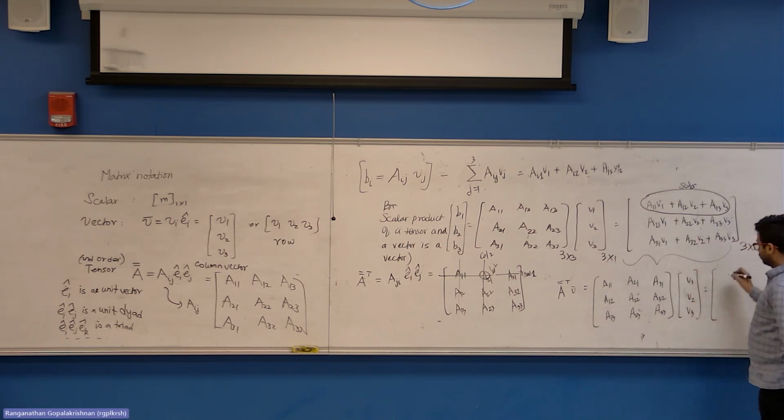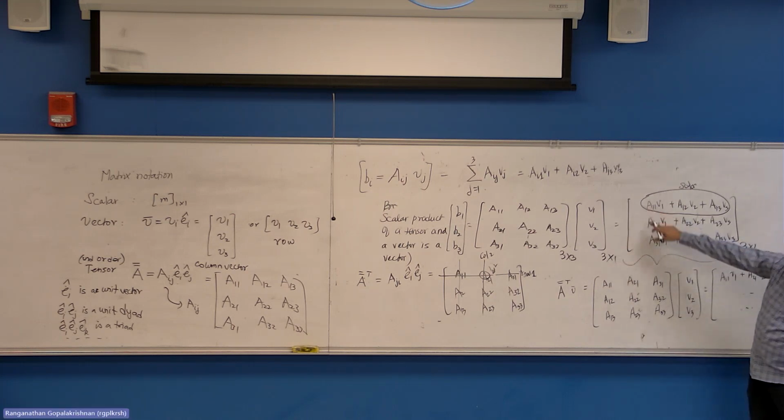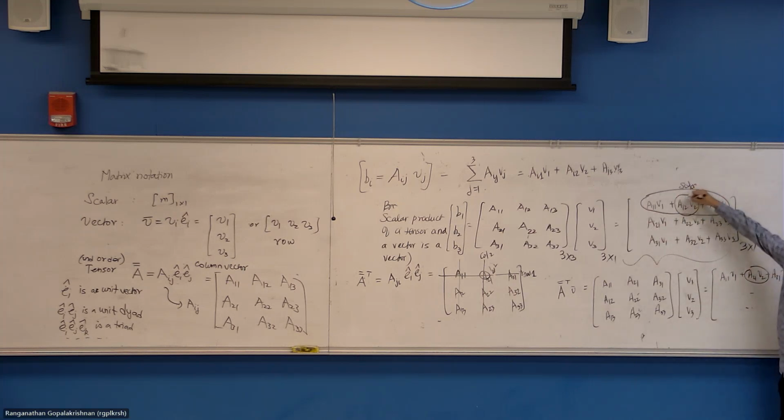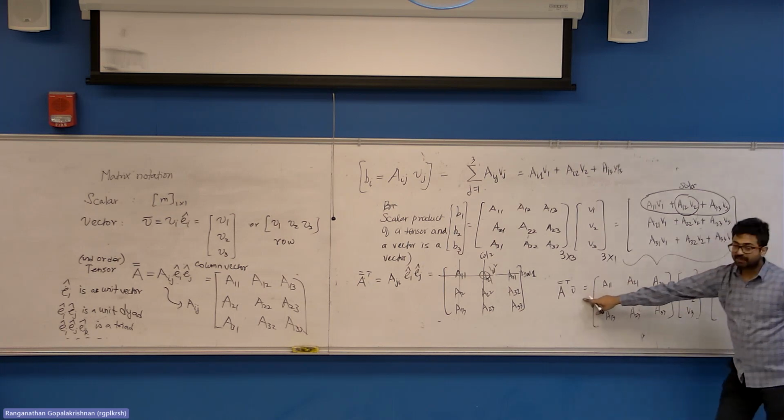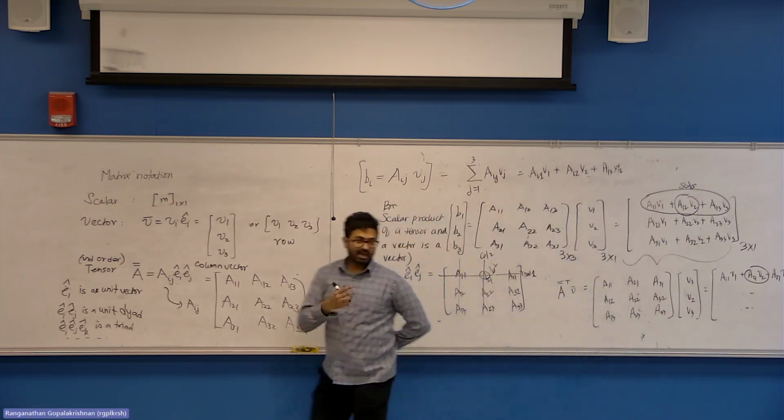I'm going to get, of course, you can write what the product is, A11 V1 plus A21 V2 plus A31 V3, and you can fill up the remaining two. This is again a vector, but this is not the same as the previous one. As you can see the difference. So this is A transpose times V, this is A times V. Okay, it leads to a slightly different vector.